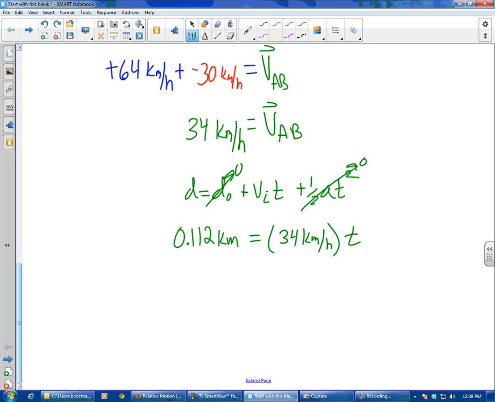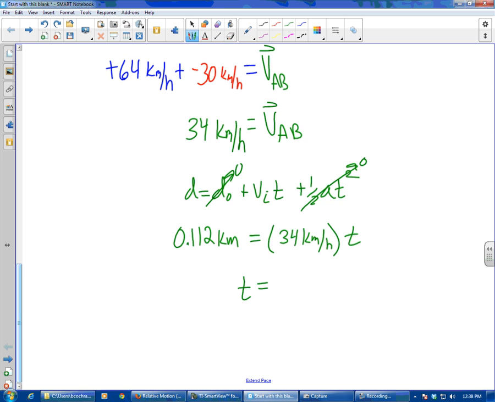Why did I cross out what? Because how much is it accelerating? None. So 1/2 times 0 times t squared is 0, so just forget about it. And now I solve for t.